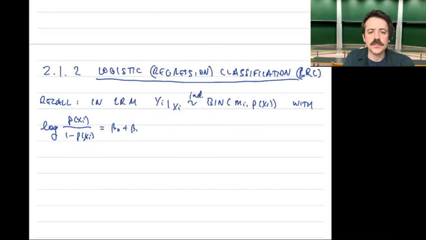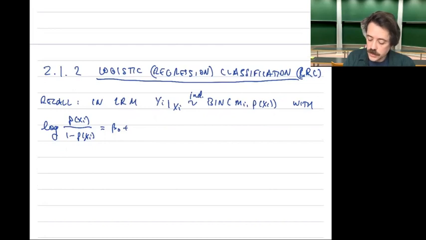So in this section we're going to write the intercept term explicitly. Unlike in regression, where we were always hiding it in beta.